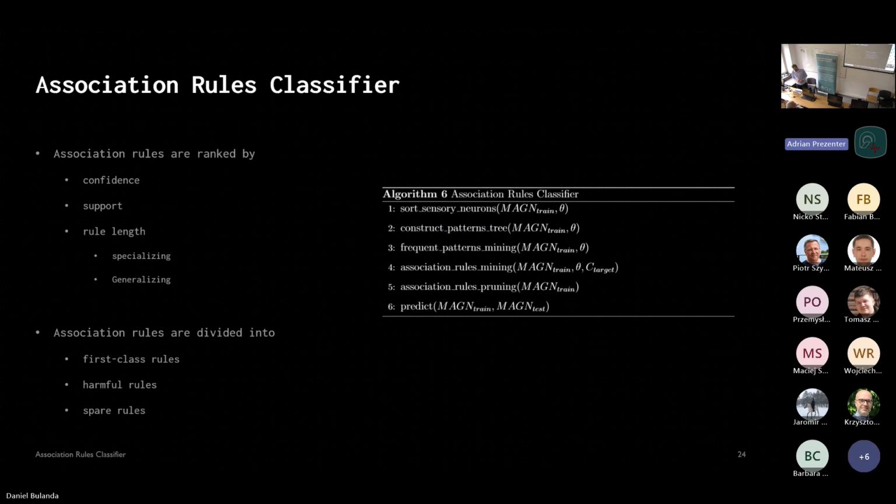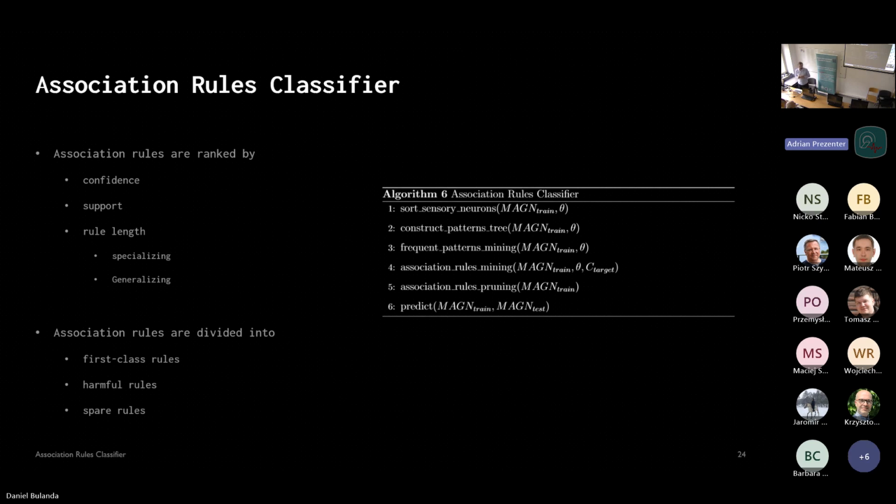The other type of rule is harmful rules. We know that those rules have a very low confidence score, so we should exclude them because there is no information assigned to them. The entropy is pretty bad, and we should not use them in any case. The third category is spare rules. Spare rules are something in between.